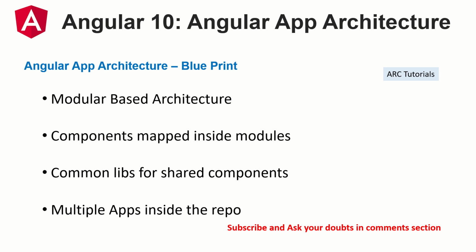So you have a provision where you can have multiple apps inside the same repo, which is what we call a monorepo. Now let me give you a detailed blueprint of how your application should look.